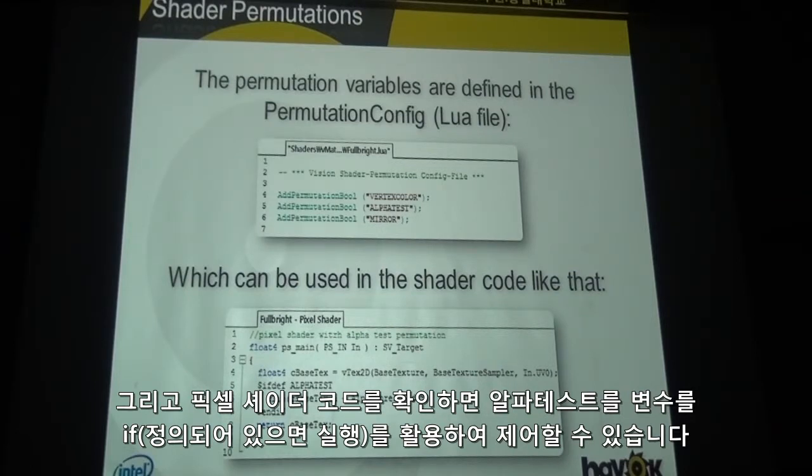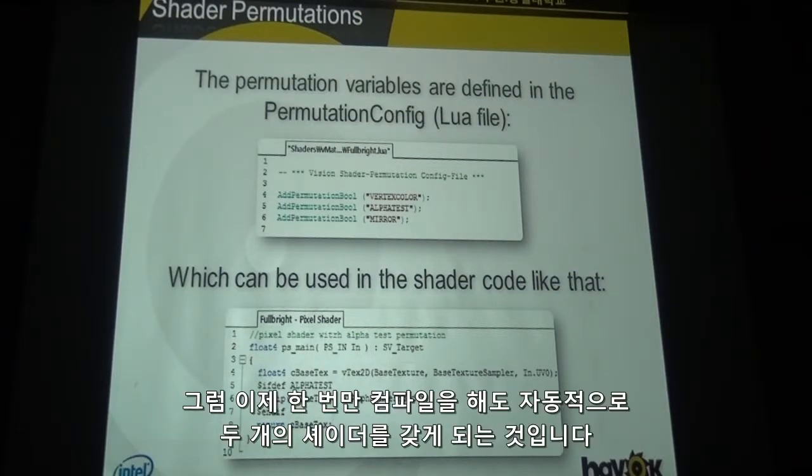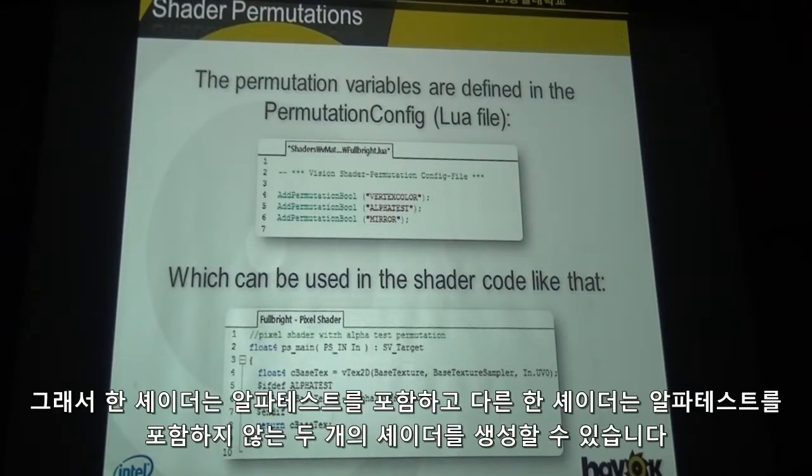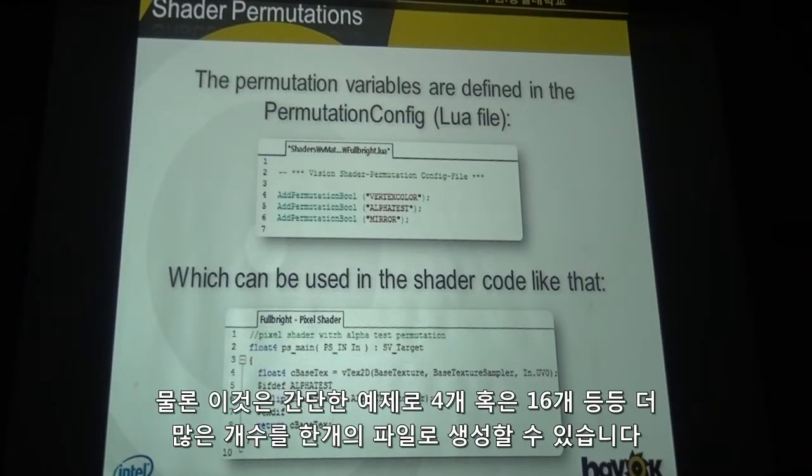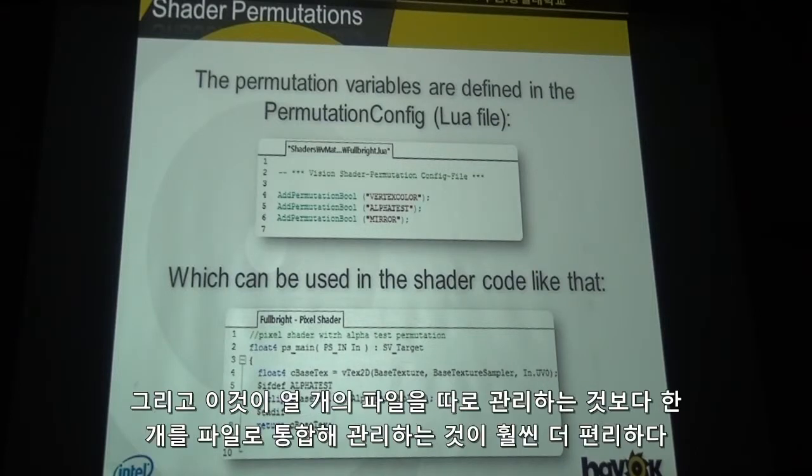Now I get automatically two shaders by just compiling one shader code: one without the alpha test and one with the alpha test. Of course, this is just a simple example, because with one shader you can generate 4 or 16 or even more shaders just with a single code file. And it's much easier maintaining one file instead of having 10 files which you have to update again and again.